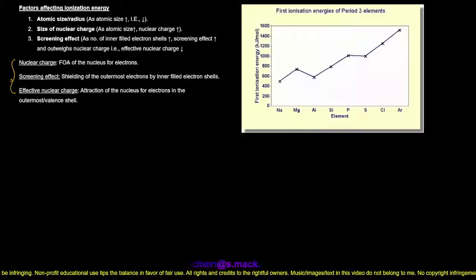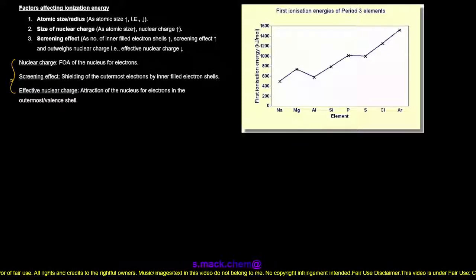So it is the attraction of the protons in the nucleus for the electrons that keeps the electrons in their electron shells. We've looked at atomic size, we've looked at nuclear charge.